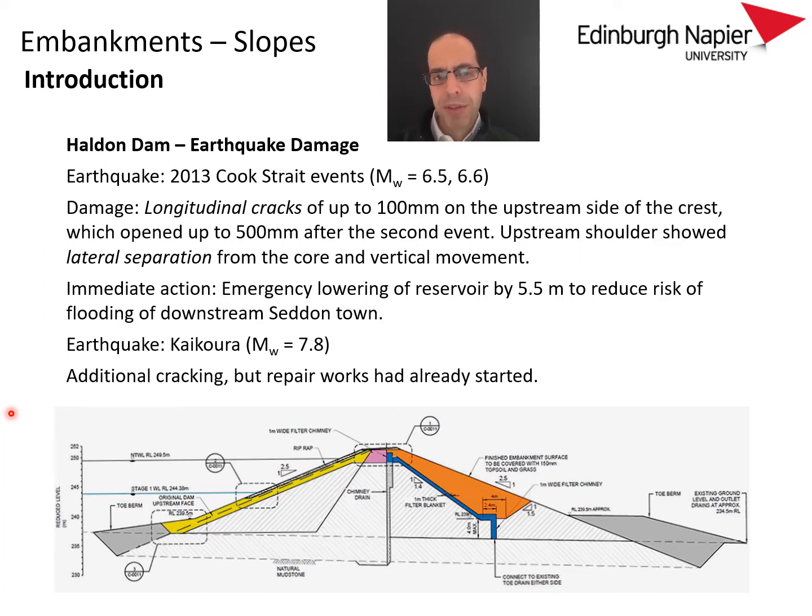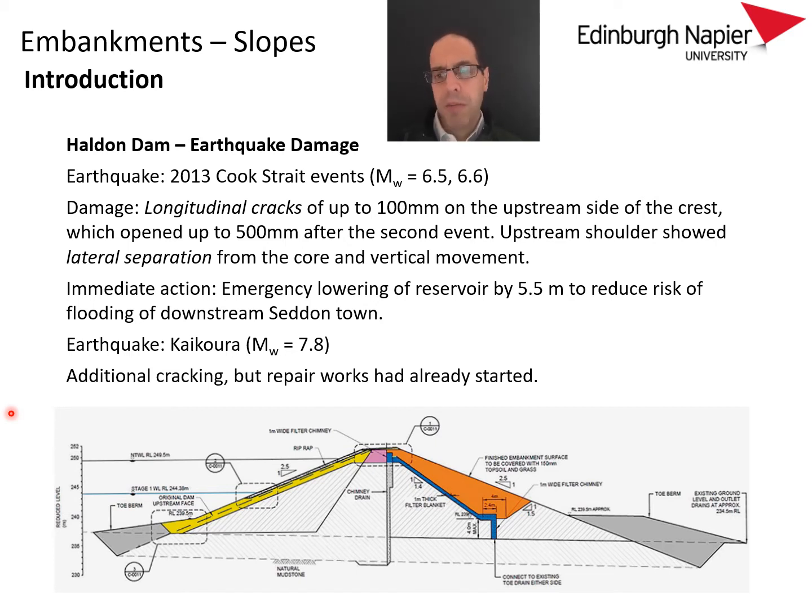So what happened to the dam? During the first event, 100 millimeter cracks appeared on the upstream side of the crest, and they extended during the second event to up to 5 times that.